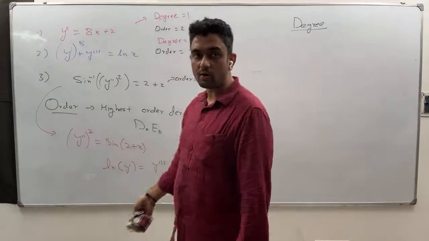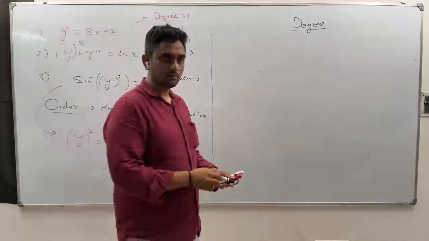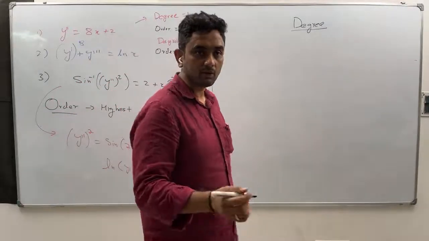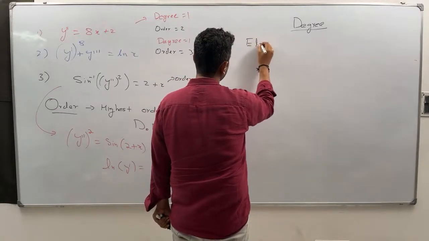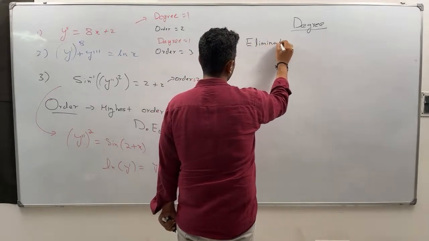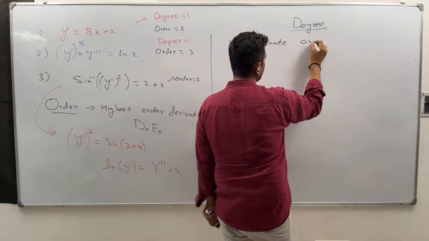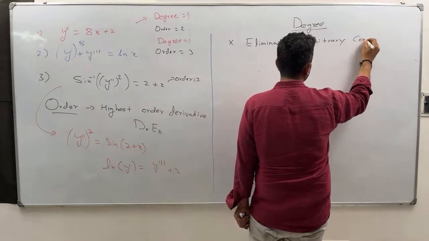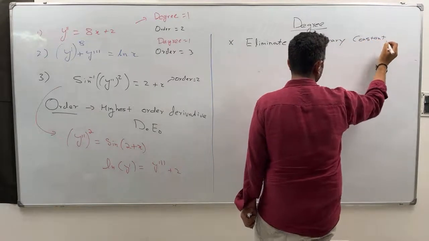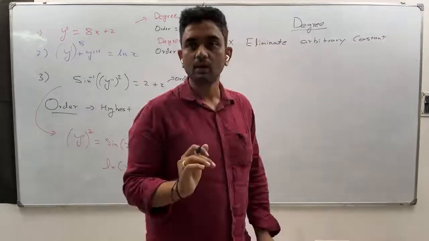You have to remove arbitrary constant. That is the only aim when you are forming a differential equation. You have to eliminate arbitrary constant. That is our only aim.